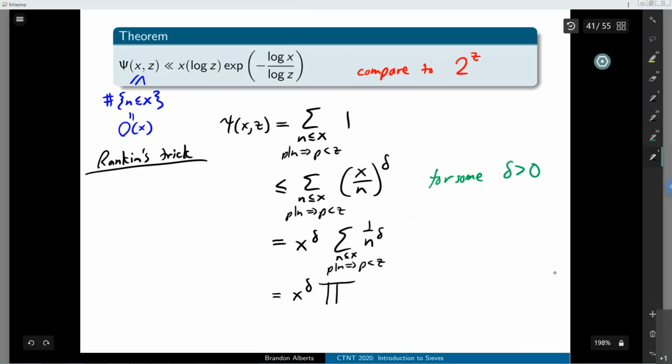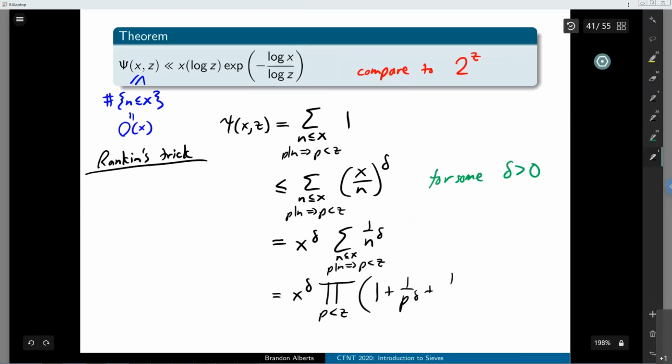All right. So let's factor this product again. We've kind of got the same situation going on. For every single one of these terms, 1 over n to the delta, we pick what power the prime divides n to the delta. Well, it might not. So you might have to multiply by 1 for that prime. It might divide it once.